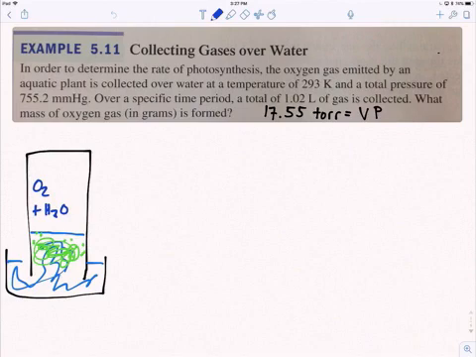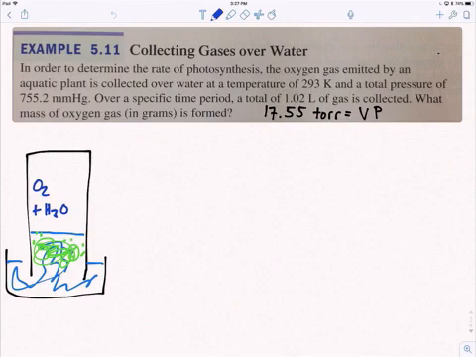Over a specific time period, 1.02 liters of gas is collected. What mass of oxygen is formed? So I'm assuming it's algae, just because aquatic plants, probably algae. So if some algae here, it's in water, and then oxygen bubbles up here, and then we have 1.02 liters.